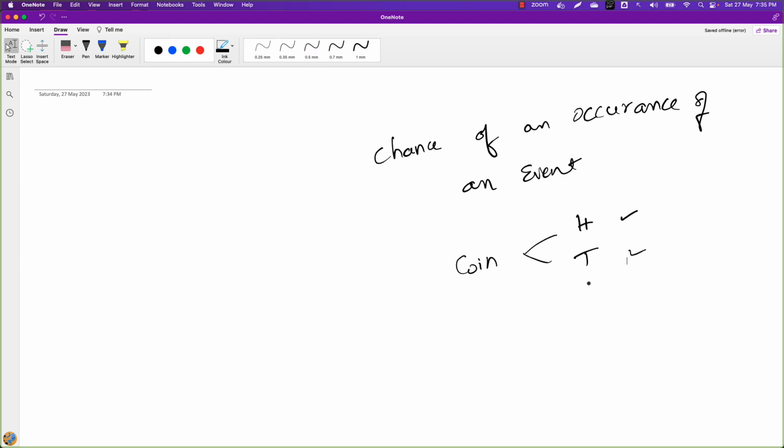To describe these kinds of unknown events, we make use of the concept of probability. Probability helps us quantify the chances of an occurrence of an event where we cannot say it in a confident manner. That is the overall idea about probability.